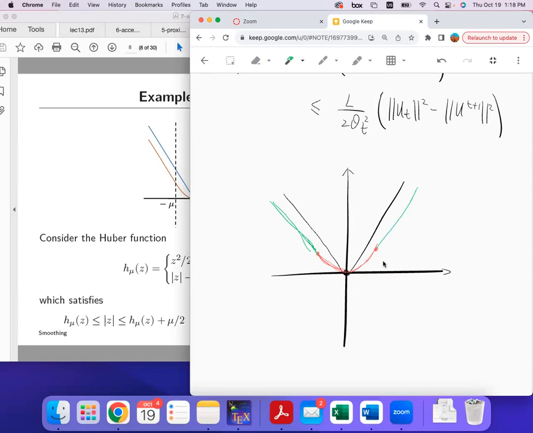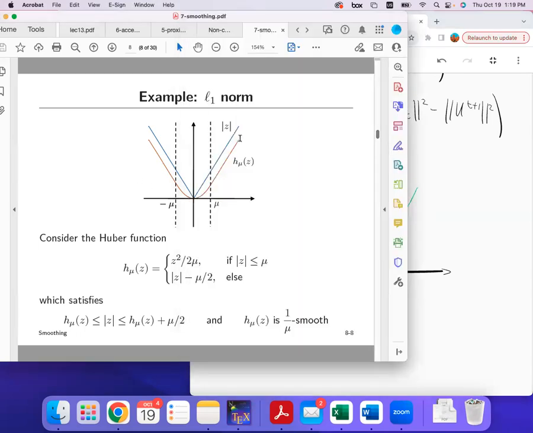And then we stop at a certain point, and then we connect this function to the straight lines again. So the green part is parallel to these two straight lines. So this is what we have here. We call this the Huber function, and we call this function h sub mu of z.